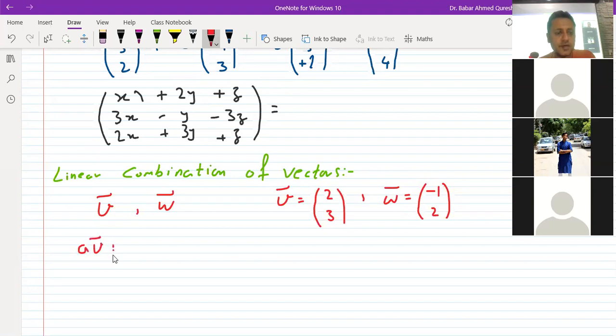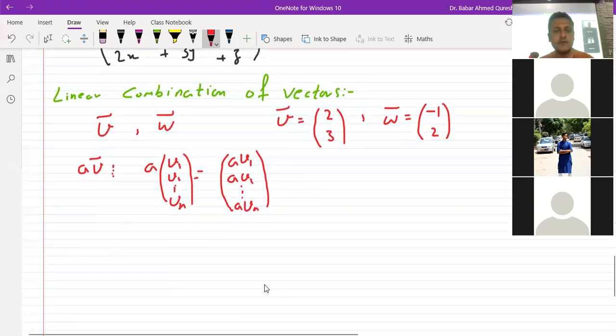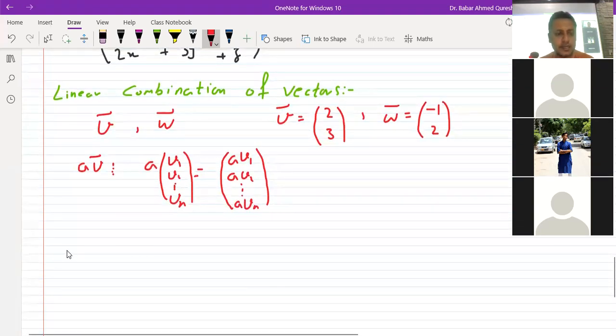So this is defined to be that you take the components and multiply each component with that number. So this is multiplication of a vector with a number.